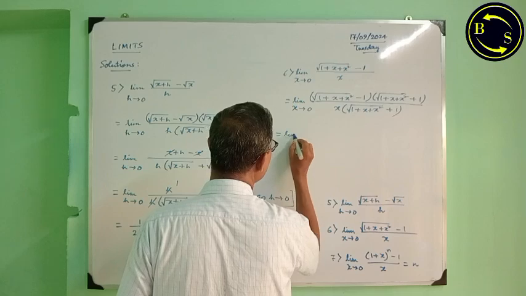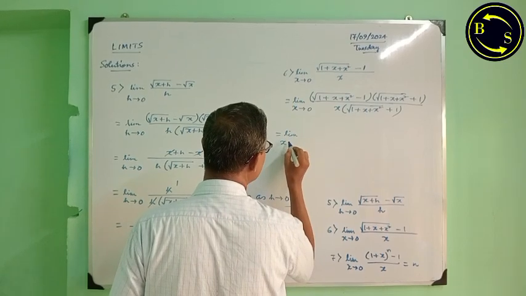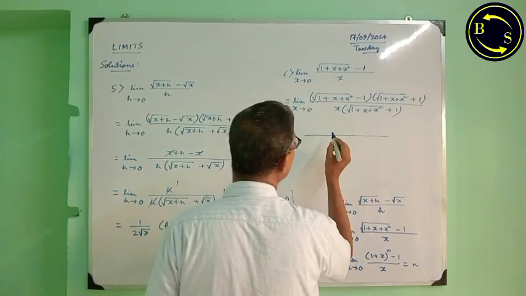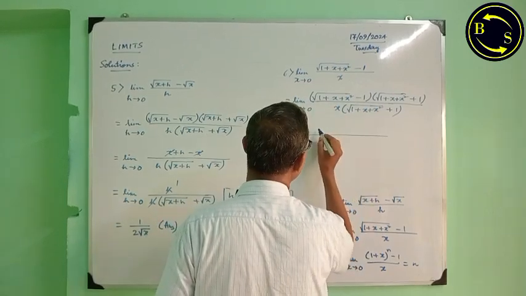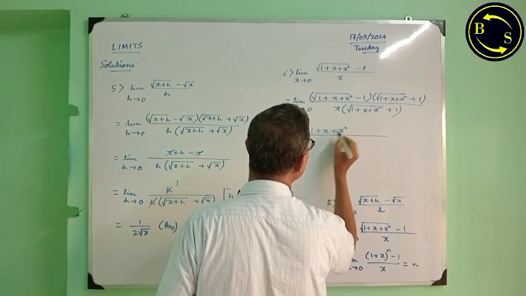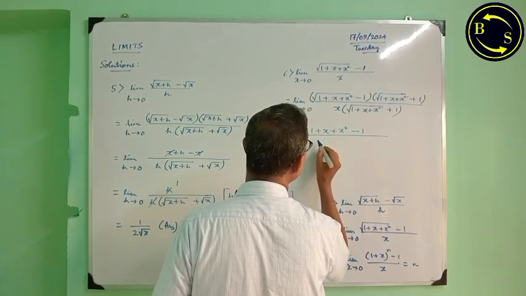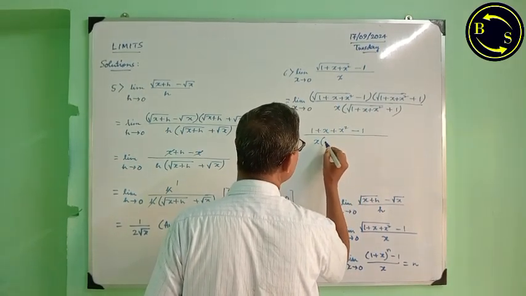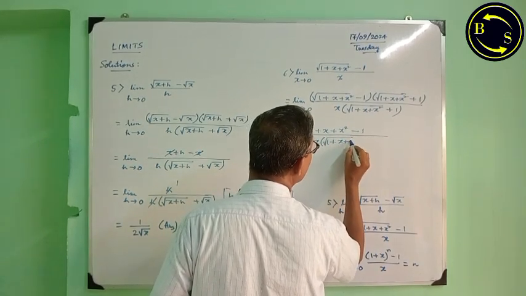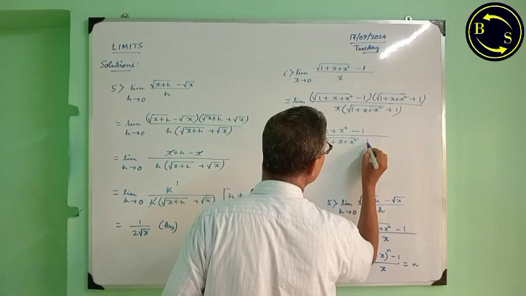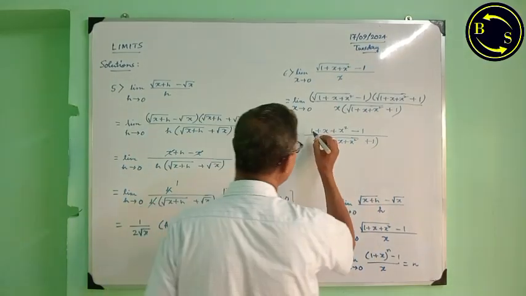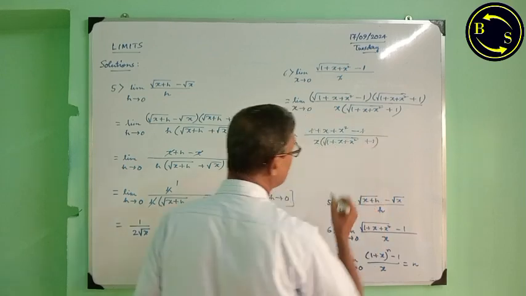Then limit x tends to 0. The product of the numerator will be 1 plus x square minus 1. Denominator is x root over 1 plus x square plus 1, and we see these ones are cancelled.